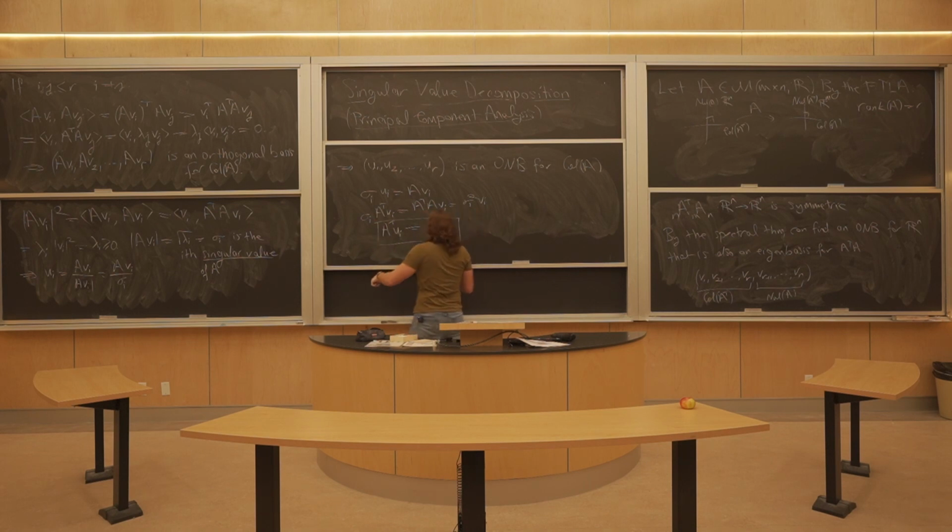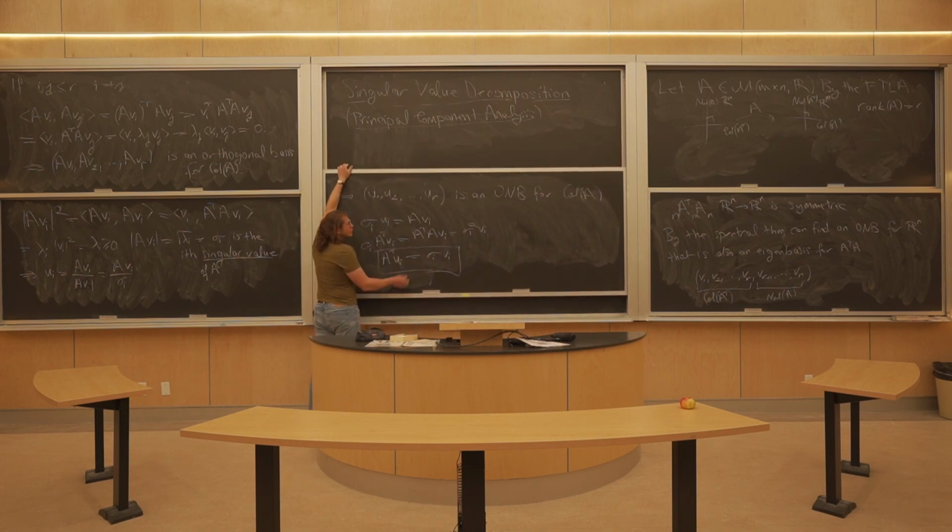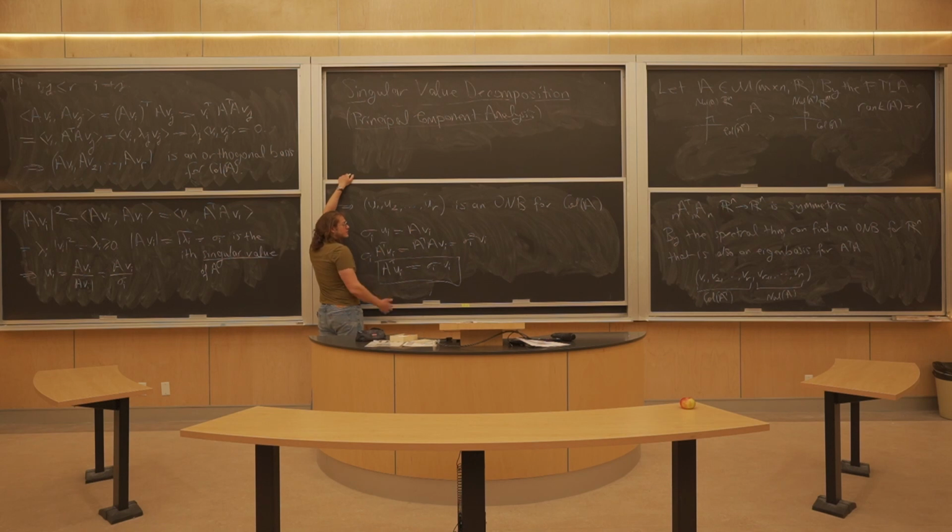Okay, so ui's and vi's are sort of connected in this way. When I apply A to any vi, I get a ui up to this sigma I. And vice versa, if I were to apply A transpose to ui, I get vi up to this sigma factor. Okay?